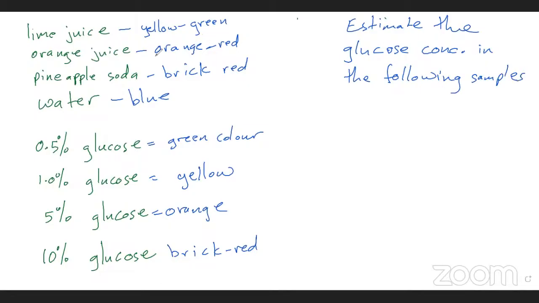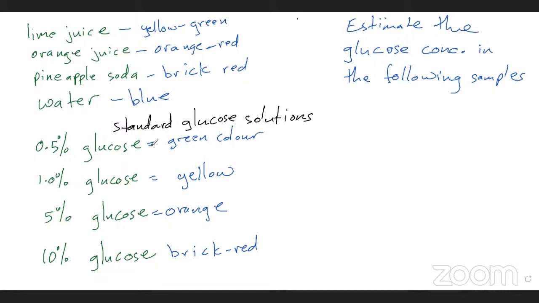So we want to estimate the amount of glucose in each of these samples. So down here, we have our standard solutions of glucose. Remember, standard solutions means we know the exact concentration.